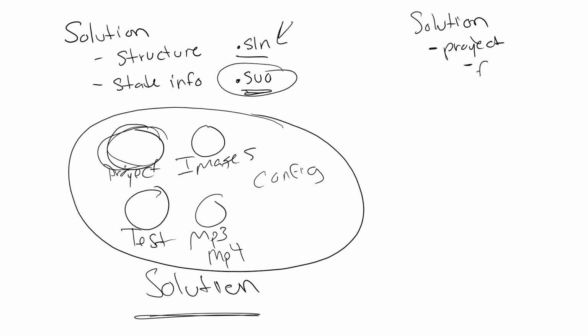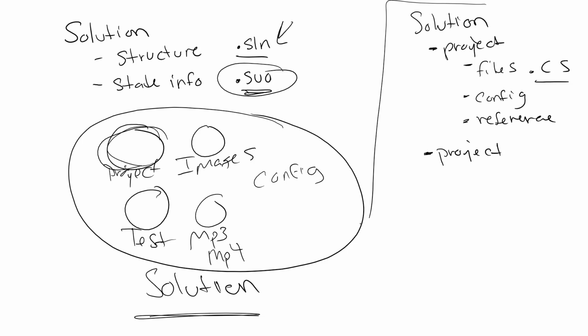Underneath that, files like the .cs, which contain the actual source code, configuration information. We have those references, right? So all of that stuff belongs in there. And so if we end up with a second project, then we would actually have two of these items under the one solution. And so I just wanted you to kind of wrap your brain around that a little bit.